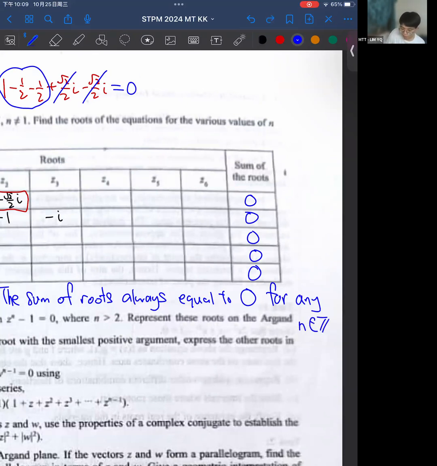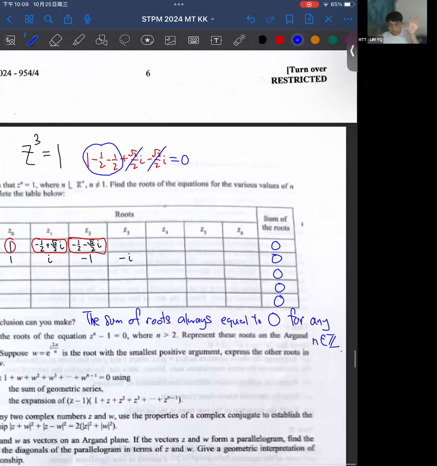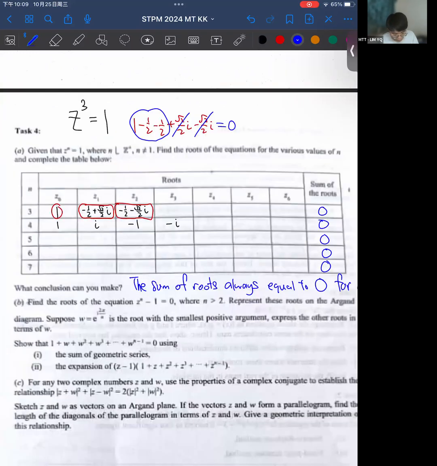You can use this notation, or you can say for any integer n. Both are okay. This is our conclusion only. It's not a proof. You guess only, but yes, it is true.